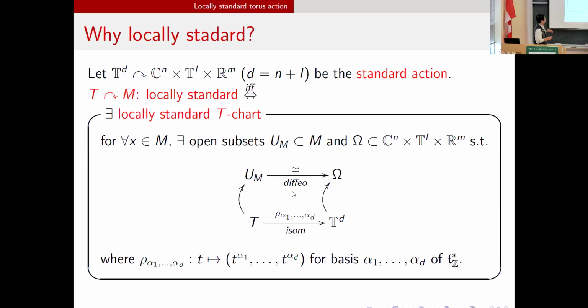Weakly means equivariantly diffeomorphic up to an isomorphism, given by rho, alpha_1 to alpha_d. Now T may not be the standard torus, but there is an isomorphism to the standard torus, and via this isomorphism they are equivariantly diffeomorphic. And alpha_1 to alpha_d is a basis of the character lattice of the dual of the Lie algebra.